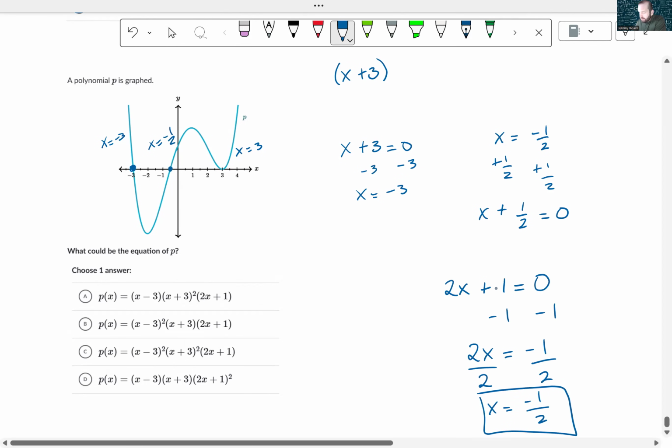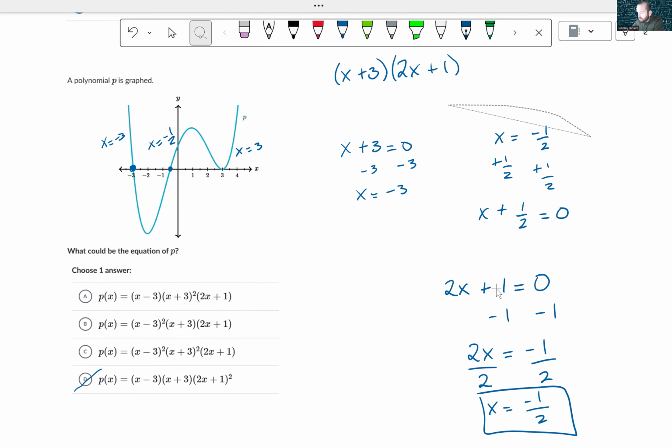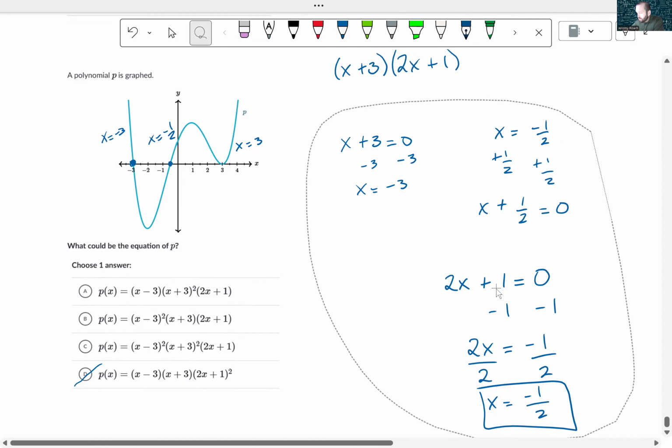Okay, so this looks correct for all of these, except not for D. This shows a multiplicity of 2, which means that it would bounce off if it was D, but it's not going to be D. So we're going to cross that one out. But so far, we do know that 2x plus 1 is a factor and that x plus 3 is a factor. I'm going to get rid of some of this stuff now, just so that we have a little bit more room.